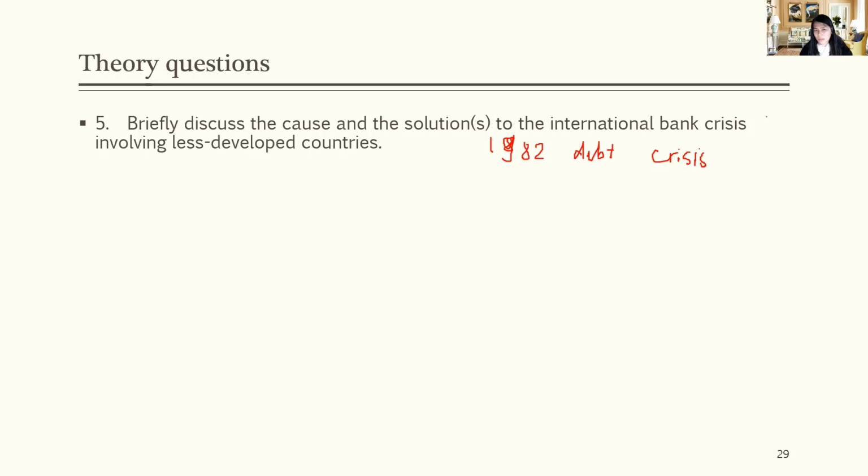Okay, so for example, with the mortgage security crisis, a lot of the people that were worse off were the mortgage borrowers. So those were the lower income borrowers that got affected by this debt crisis. So on average, in the past, debt crises tend to have a much more severe impact, especially on lower income people or countries. Okay.